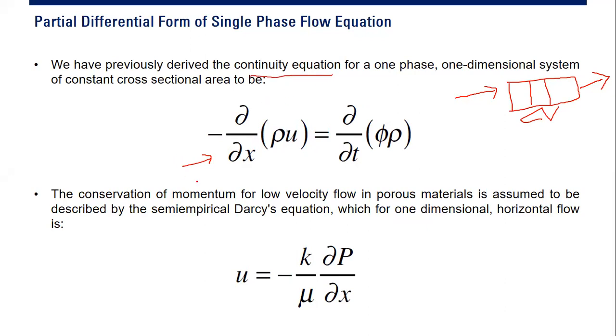And the conservation of momentum for low velocity flow in porous material is assumed to be described by the semi-empirical Darcy equation, which for one-dimensional horizontal flow is this one.